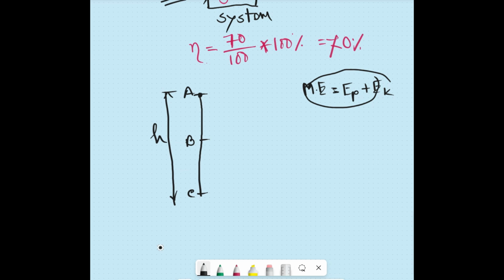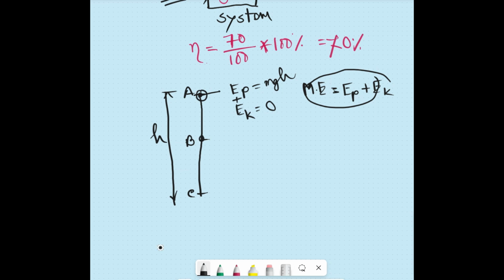At point A, the potential energy is roughly mgh, and of course we have a kinetic energy as well, though at the top point the kinetic energy is 0. So Ep plus Ek will be the mechanical energy at point A.